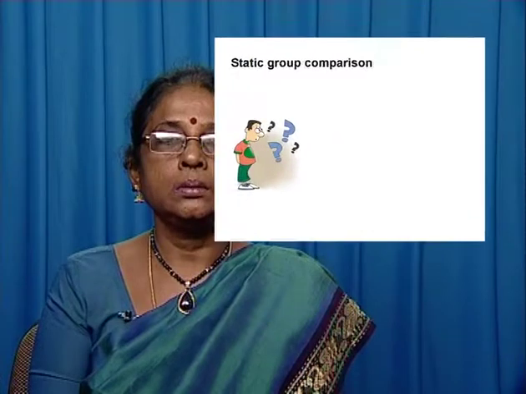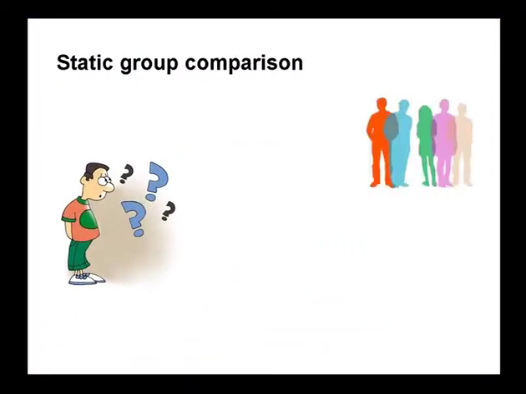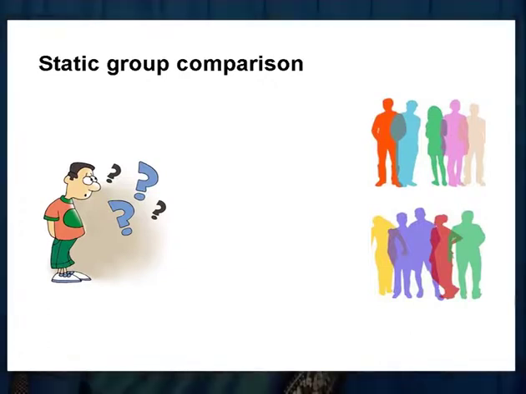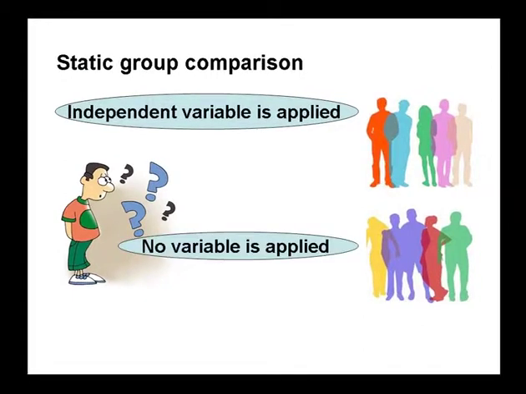The next one is static group comparison. This design has two groups, a post-test and treatment. It lacks a pre-test and random assignment. On one group, the independent variable is applied, while on the other group it is not.